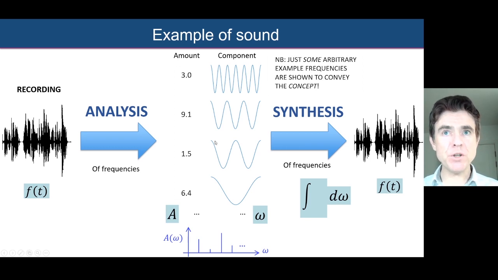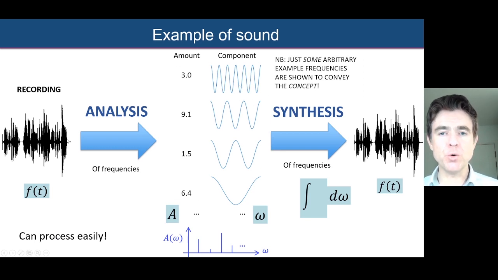Now, the benefit of doing that analysis, just like with the food example and the chemistry example, was to understand the contents of that signal in a way that is useful to us. Also, though, we could process the signal far more easily when we've got this kind of frequency-based description.